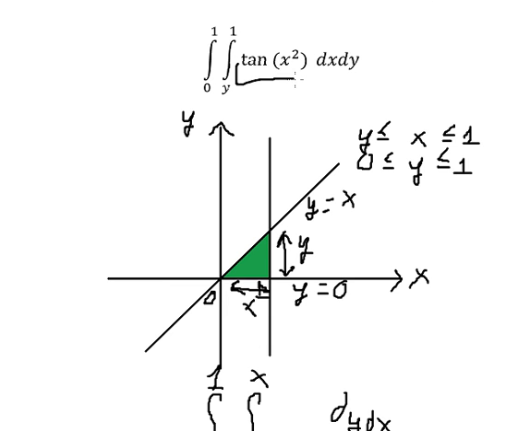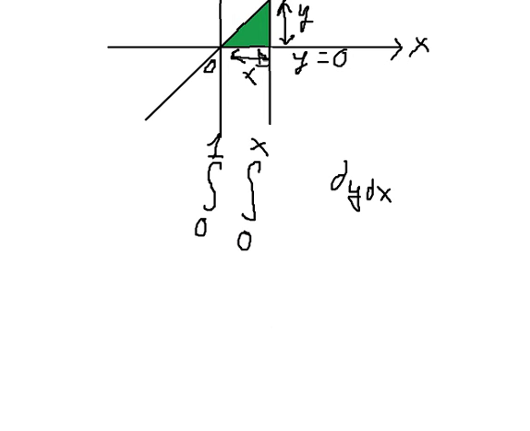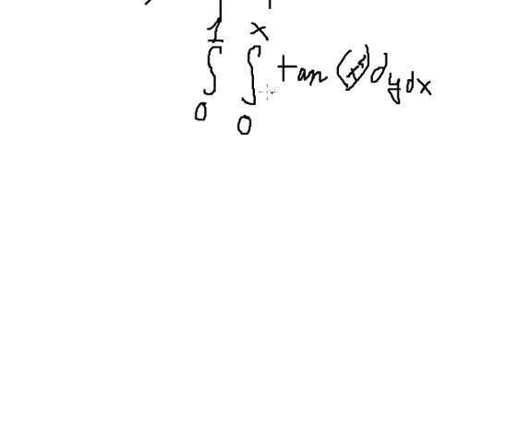So the bounds of dx, that is from 0 and number 1. And we put the function go in here. Now, the integration of this one, dy, you got about y.